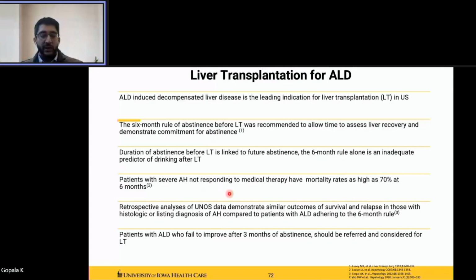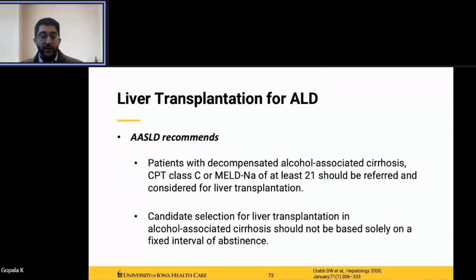Patients with severe alcoholic hepatitis not responding to medical therapy have mortality rates as high as 70% at 6 months, so they might not survive this long. Sometimes we do consider 3 months, but I want to mention that it should be done on a case-to-case basis.